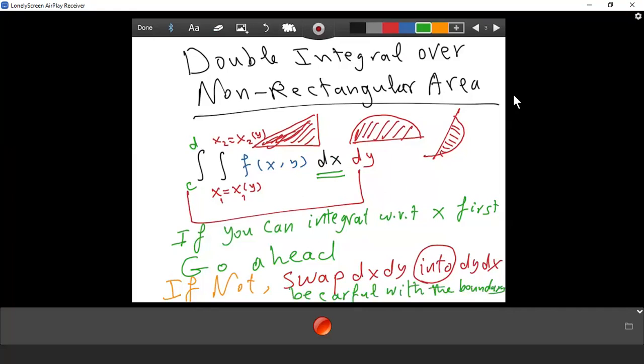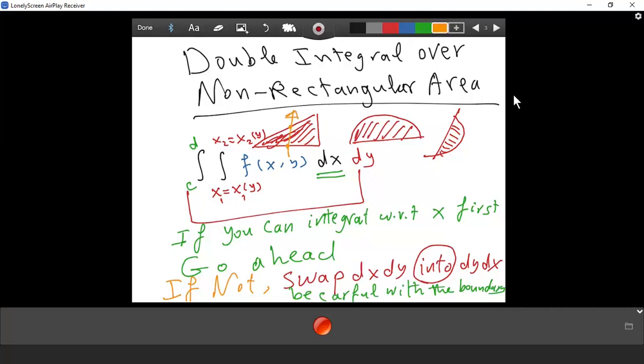If I swap, and I started with x first and now I would like to have dy first, I have to specify the boundary of dy. How to find it? I come from down to up, and I see what I hit first and what I hit last. This is my boundary of y.